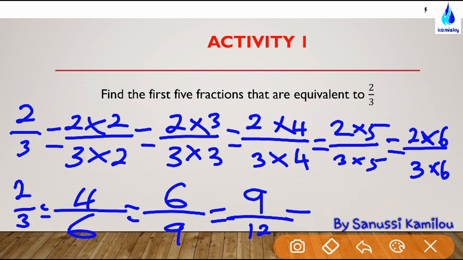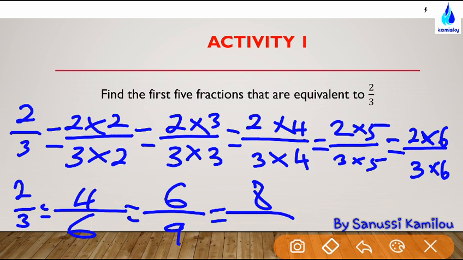Let's go back because there's a problem here. Here we are saying that 2 times 4 is 8, not 9. It is 8.